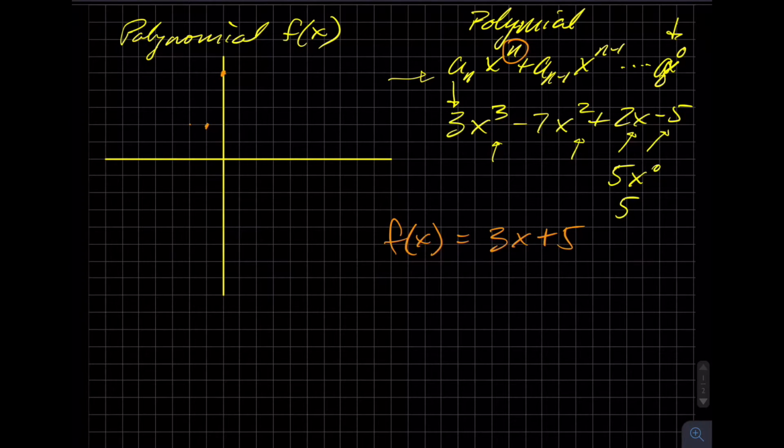And I get something that looks like that. So that's a polynomial function of degree 1.